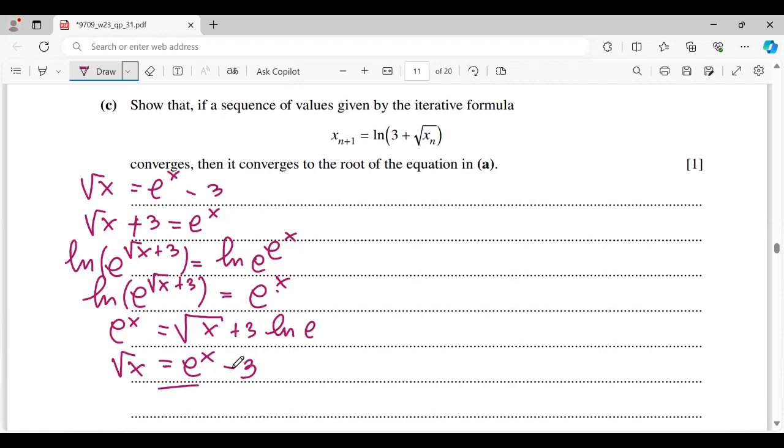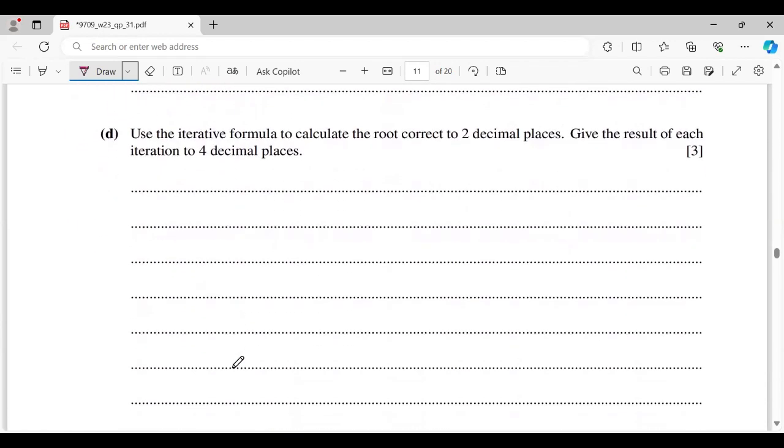This d is the iterative formula to calculate the root correct to 2 decimal places. Give the result of each iteration to 4 decimal places. Right.